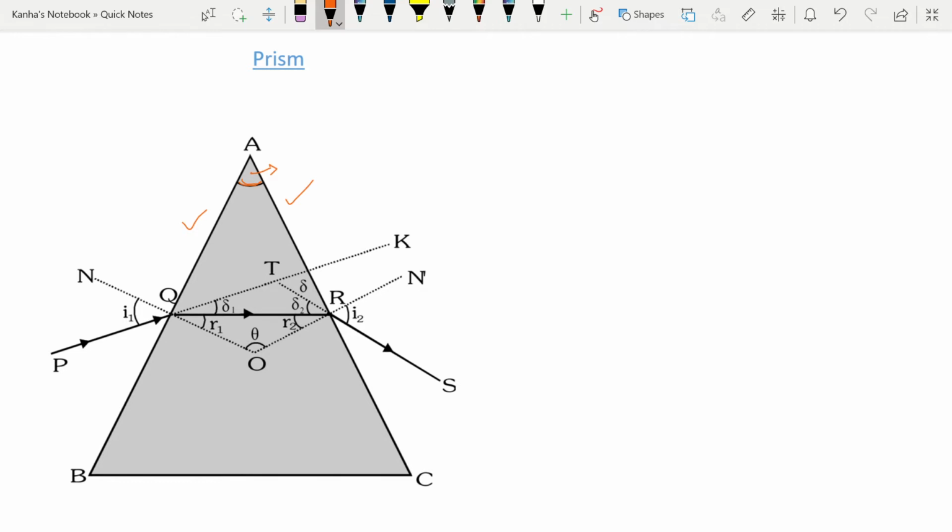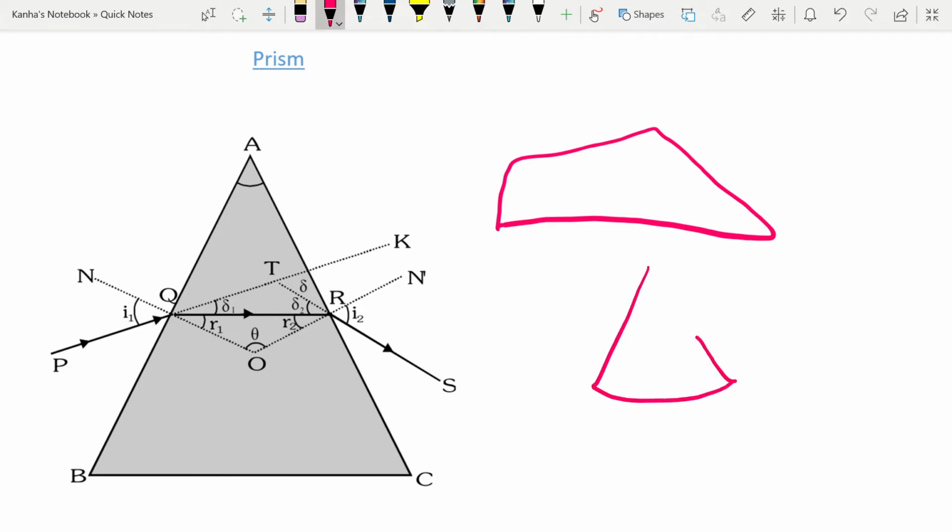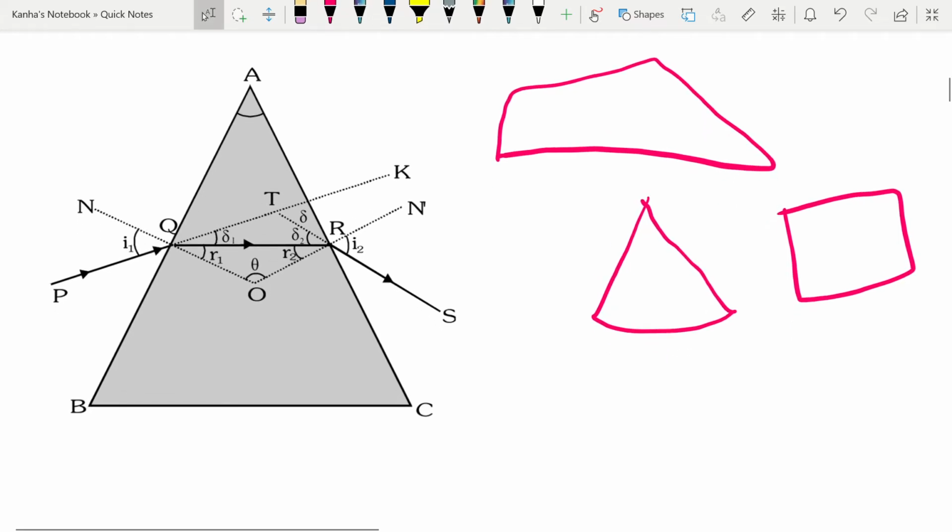There are different things that I want to mention here. First of all, you should be aware of the proper terminology. Before that, prisms do not only come in this form. Prisms can be of various forms. You can have a prism of this form, this form, like this, or even a prism like this.